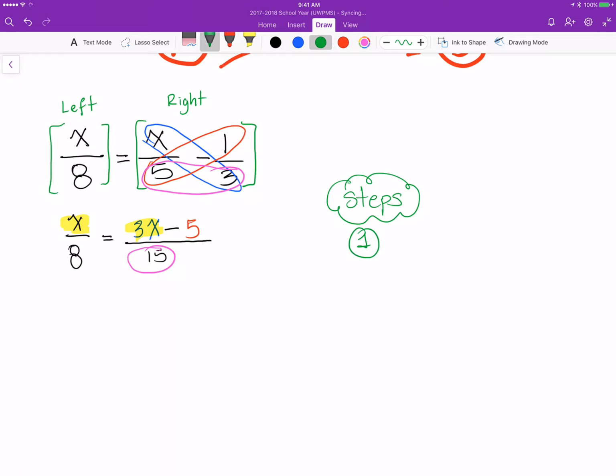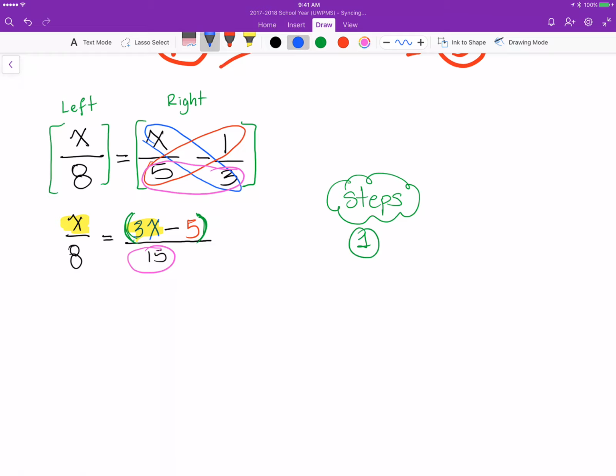Here we go. I'm going to add a parentheses. And let's get rid of that 15 first. I don't like that 15. For some reason, I just don't. It kind of makes my head spin when I see two terms in an expression and then a denominator.